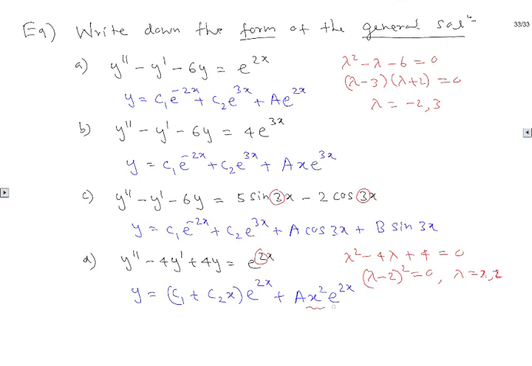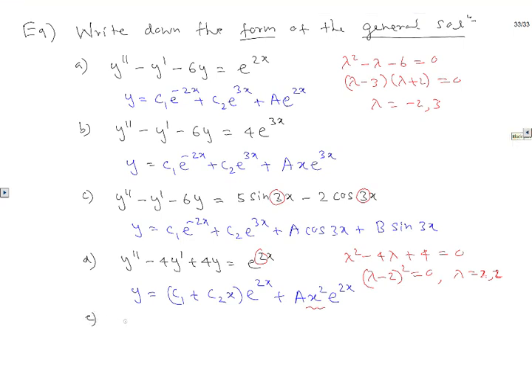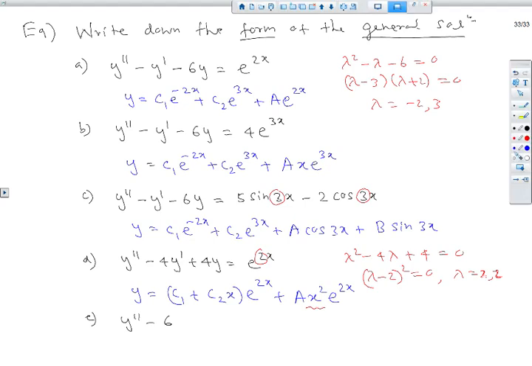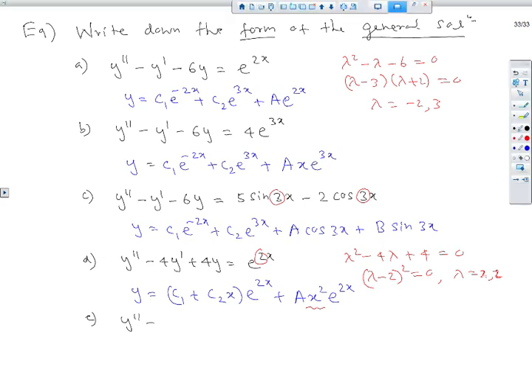Okay, so as the last one, let's try to do this one. E: y double prime minus 6... No, let's go back to the same one, so then we don't want to write another characteristic equation. Let's go back to the original first one.